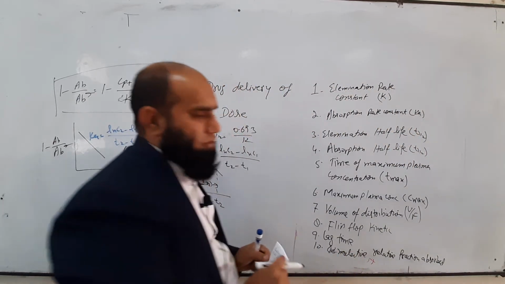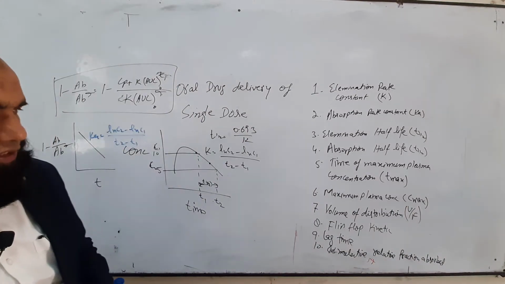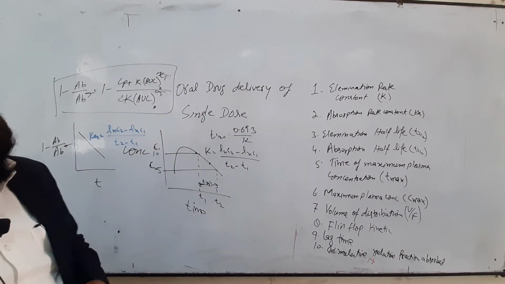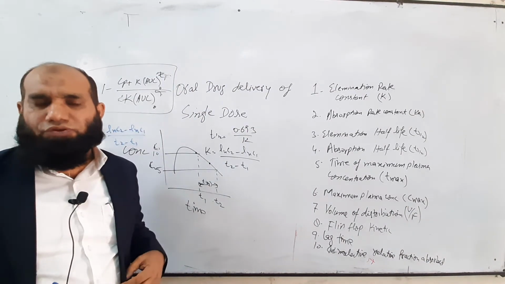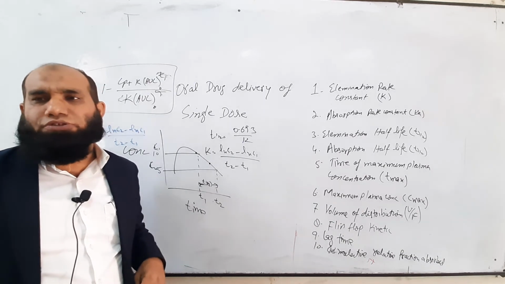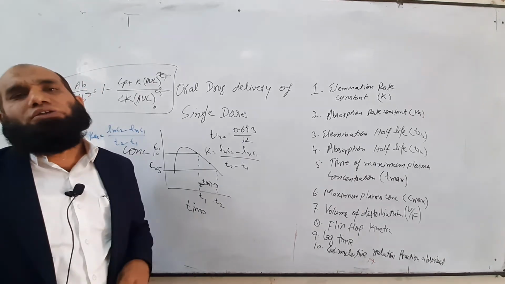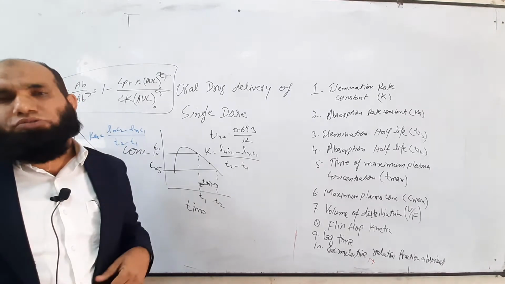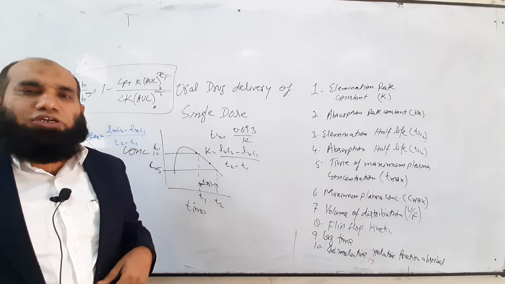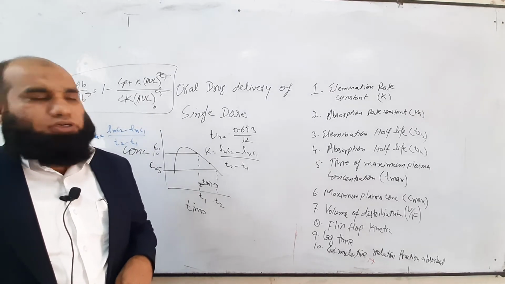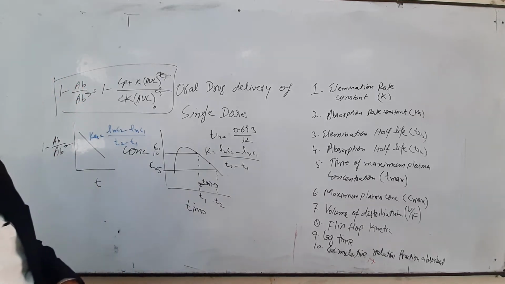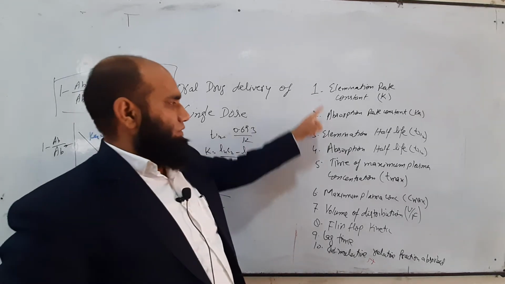So at the conclusion of this chapter, in the case of the oral drug delivery system, when you are using a single tablet, following one compartment, no metabolism, passive diffusion, the drug is eliminated only through the urine, and we are getting the samples from the plasma, then we can calculate 10 different parameters.